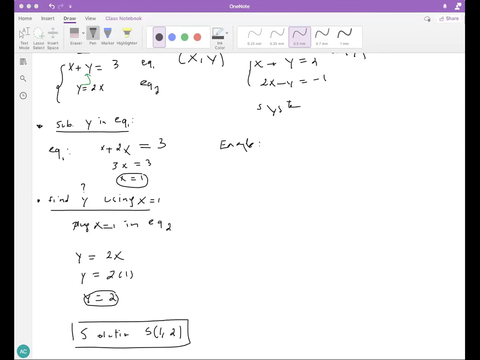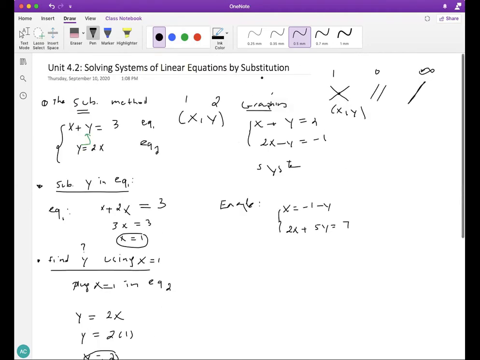Let's say x equals 1 minus y, and the other equation may be 2x plus 5y equals 7. So again, that's our system. We want to solve it by substitution. Let's call this equation 1.